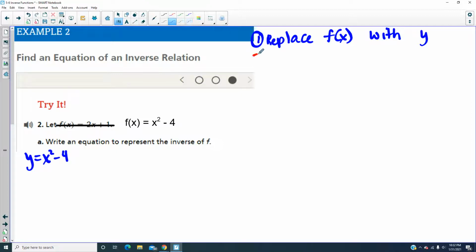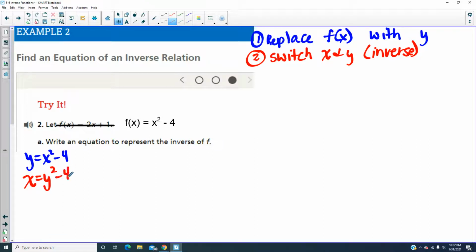Okay, step 2. You're going to switch the x and the y. This is what gives you the inverse. So from here on, I'm going to be working in red because now I'm going to be working with the inverse equation. So switch the x and y. X equals y squared minus 4. Step 3, solve for y. So I'll add 4 to both sides.